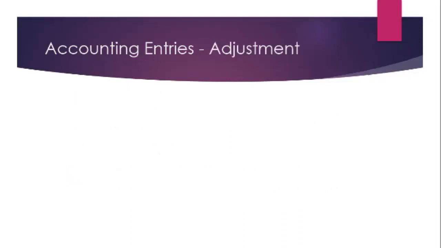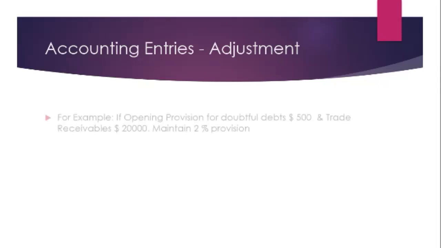Now, another entry is the adjustment to the provision account. If we created the provision in the first year, then the next year there will be an opening balance of the provision, and we have to adjust it each year.